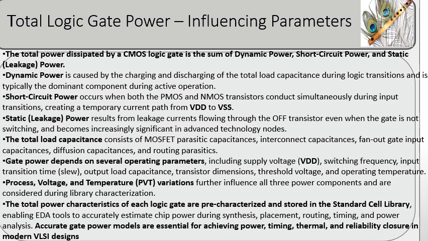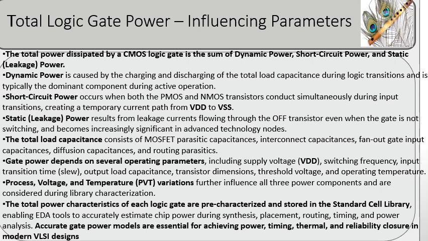The power consumed by a CMOS logic gate depends not only on its internal design but also on the conditions under which it operates. Parameters such as supply voltage, switching frequency, input transition time, output load capacitance, transistor dimensions, operating temperature, and process variations directly influence the total gate power.